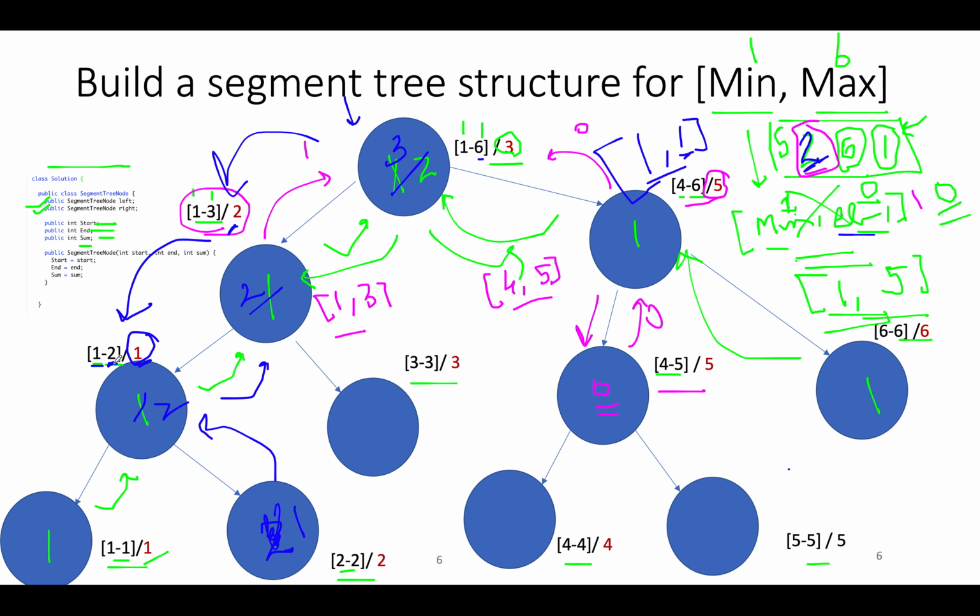The end point of this range is lower than the middle, so we have to move in a left direction. So we'll go left, and this is the node that will give us the answer. Its starting point is 1, ending point is 1. It matches exactly with our range and we'll return 1 from it. So for this, the answer becomes 1. So we have 0, 1, 1 as our answer so far.